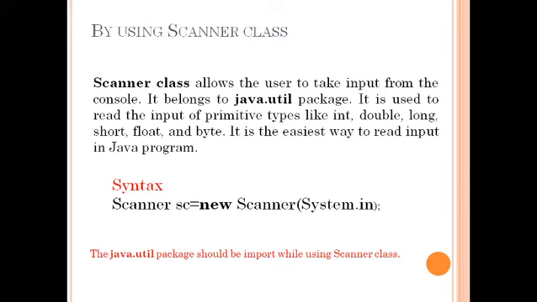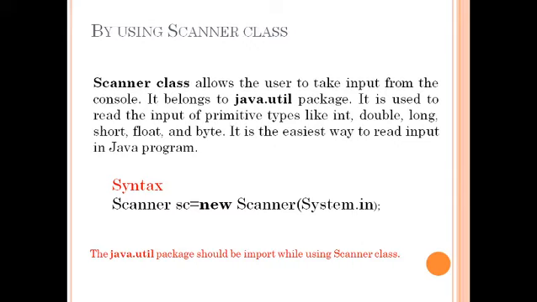I will explain later. This is used to take as input the primitive type values like integer, double, long, short, float and byte. Simply in one line we can say it is the easiest way to read input in a Java program because the syntax is only one line.